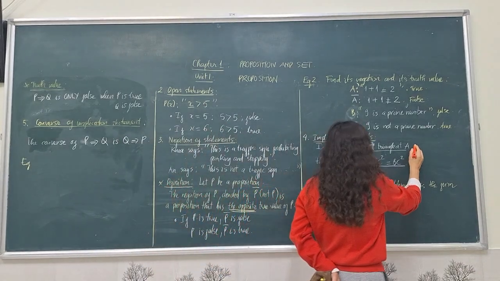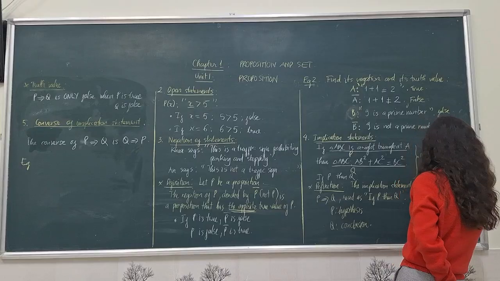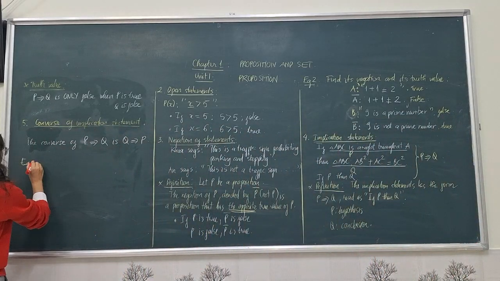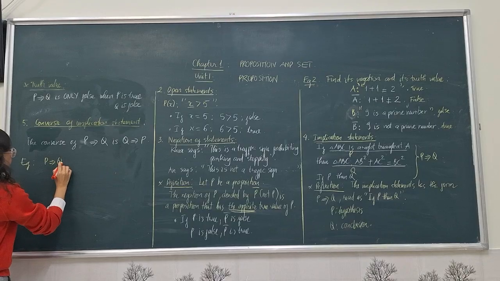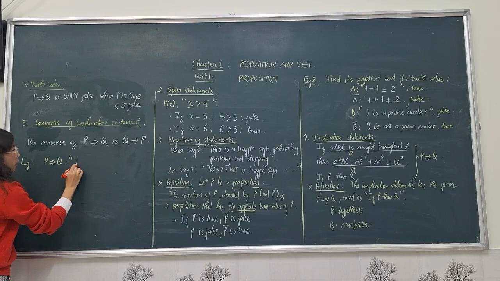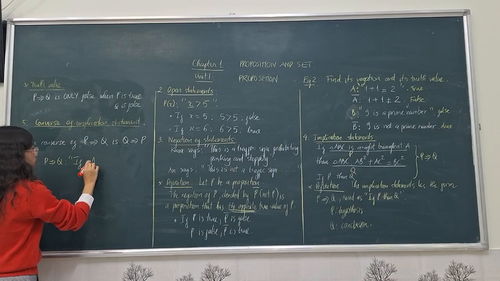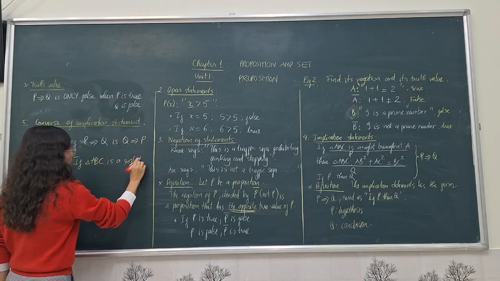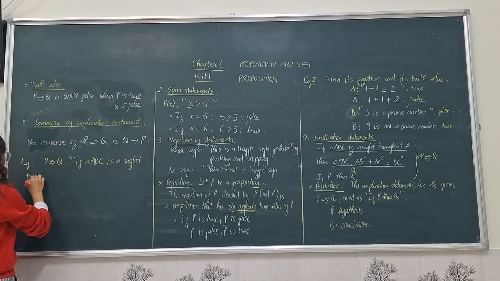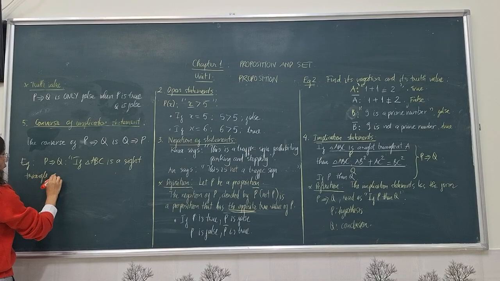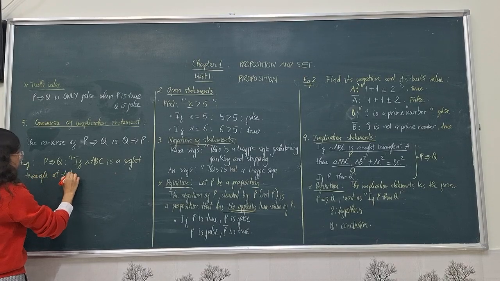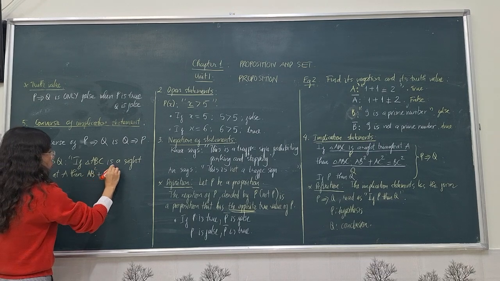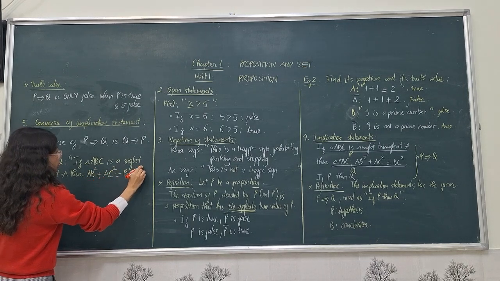It means if P then Q. If triangle ABC is a right triangle at A, then AB squared plus AC squared equals BC squared.